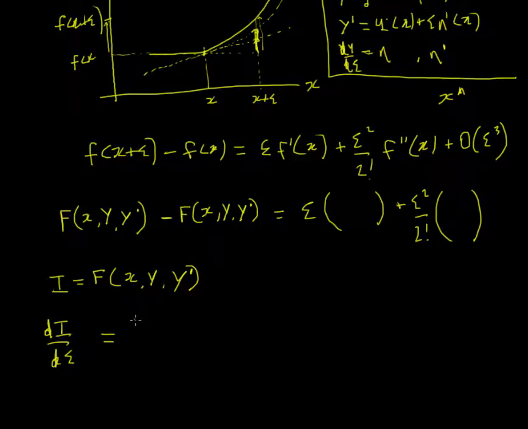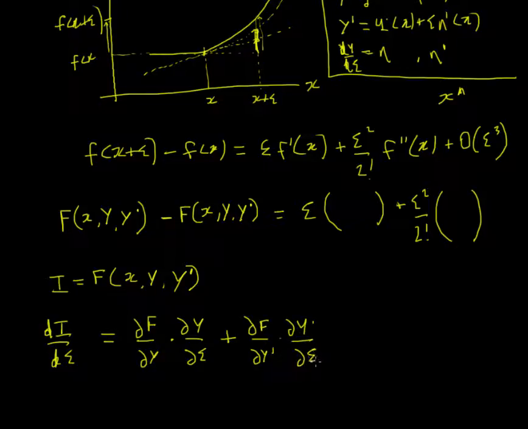So we'll have partial f by partial y times the chain rule, partial y by partial epsilon, and then we've got to differentiate y derivative with respect to epsilon, so partial f by partial y derivative times partial y derivative by partial epsilon.